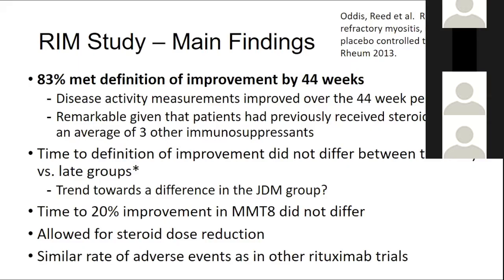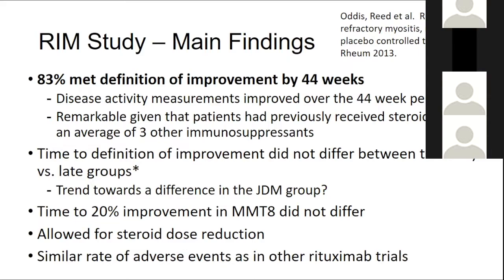And the idea was that if the medication works, you would think that the patients who got the medication first would improve first. The problem is that rituximab is a medication that takes quite some time to work, and so that 8-week difference may not have been enough time to really know if the patients who got the medication early responded earlier than the patients who got the medication late, if that makes sense.